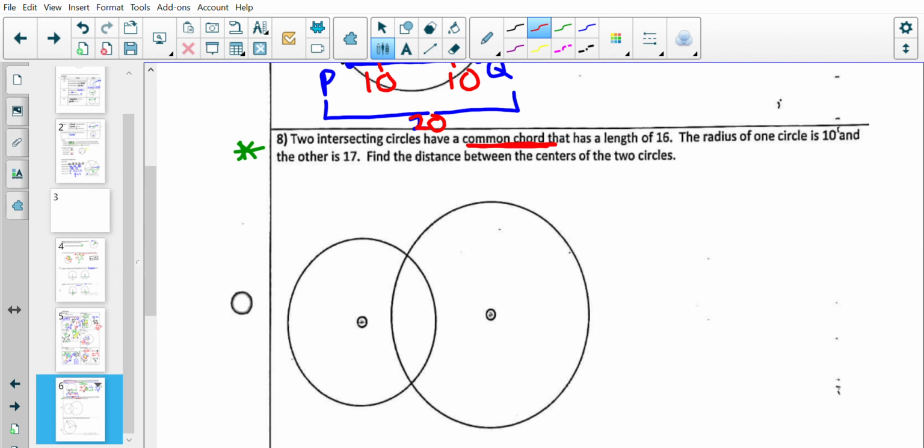We're going to have this Venn diagram looking thing with 2 circles that are overlapping. What you want to do is take that common chord. That means it's a chord that's in both circles. And I'm going to draw that chord right in the middle of their intersections.